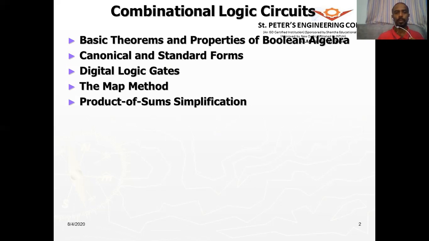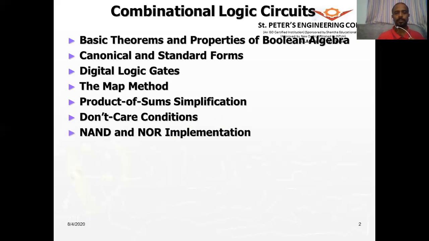Then we will also use the simplification by using the POS or the product of sums. And we will also look into the don't care conditions, how we can use these don't care conditions and take advantage for reducing the Boolean equations. Next, we will look into the NAND and NOR. As you can guess, they are the universal gates.